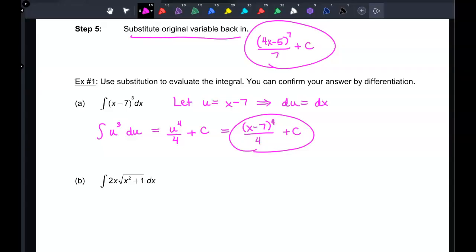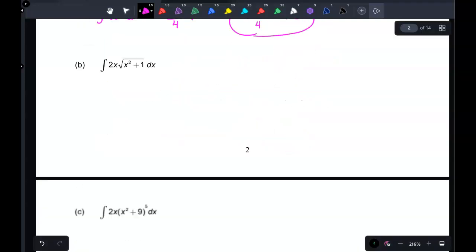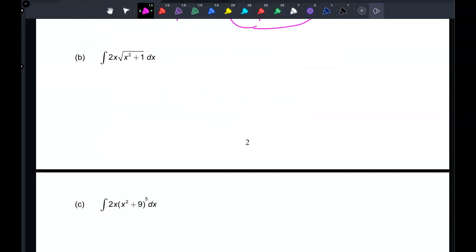The next one it won't. Is it just when it equals one? No, it's when the derivative of the inside is a constant. But again, don't worry about that. We're not going to do the shortcut. This won't work. You've got to do this one by writing it all out.